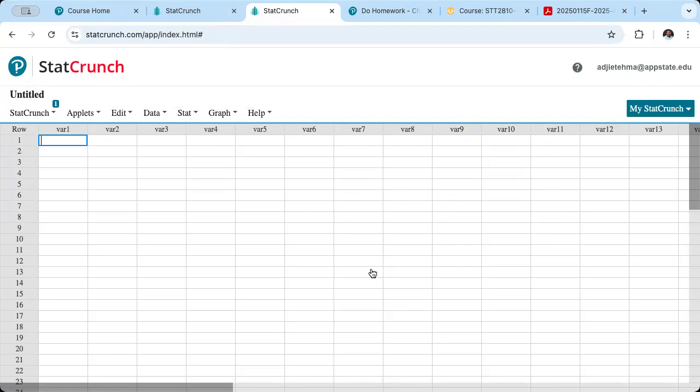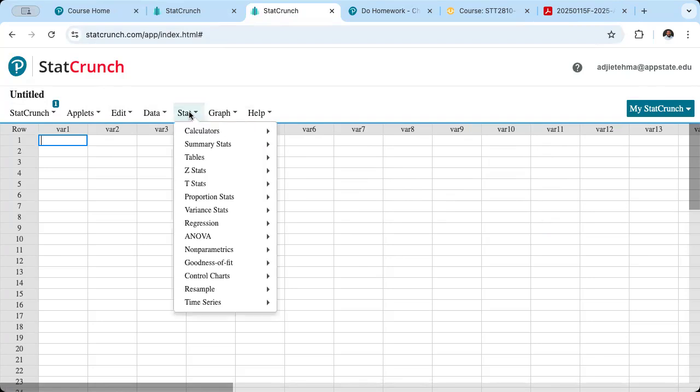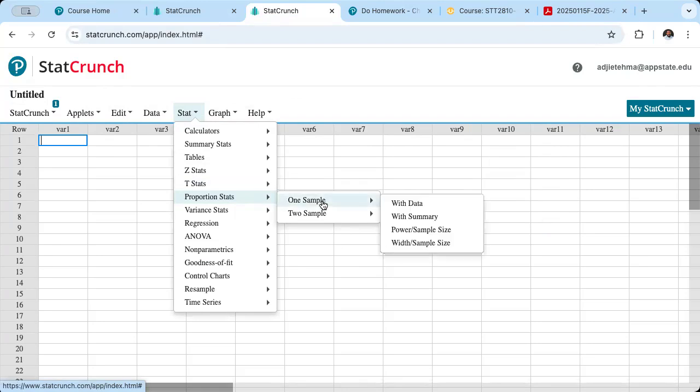So when we are at StatCrunch, we go to stats and then proportion stats. Is that okay? And then we go to one sample and then we click on with summary.